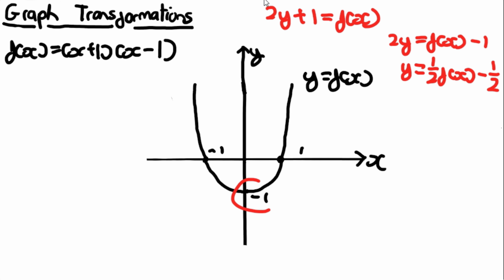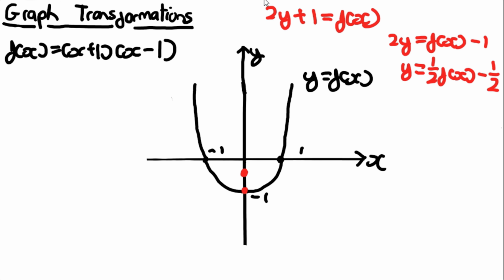So the y-intercept is going to be halved to minus 0.5, which will be somewhere about here. And then we're going to apply the transformation minus a half. So it's going to move the y-intercept back down to here, like this. It's going to move it back down here, back to minus 1.